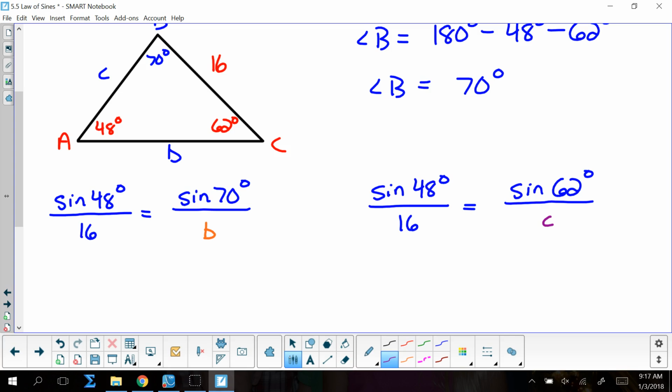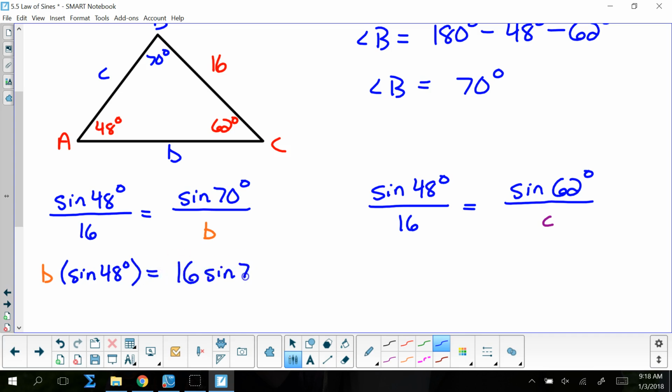Not common factors or common denominators, that's if we were adding or subtracting them. We can cross multiply. We got 2 equal fractions, so this is where we can do that cross multiplication. So B times the sine of 48 degrees is going to equal 16 times the sine of 70 degrees.